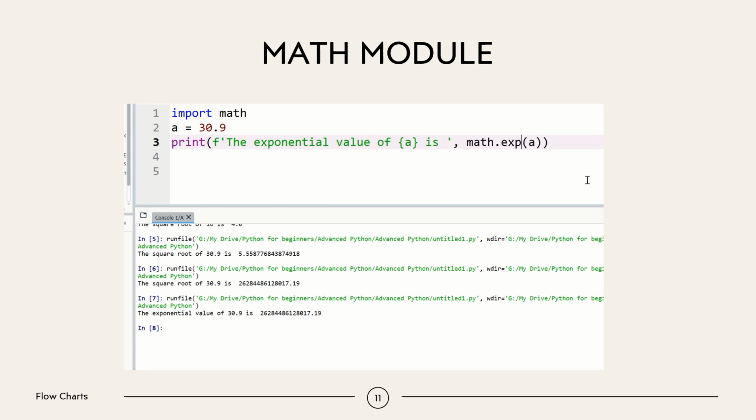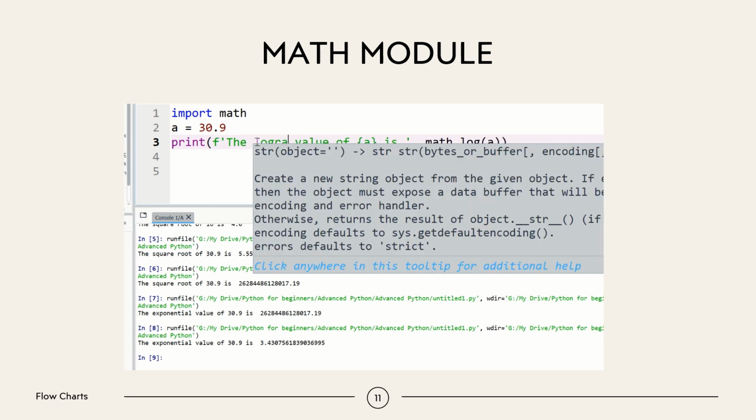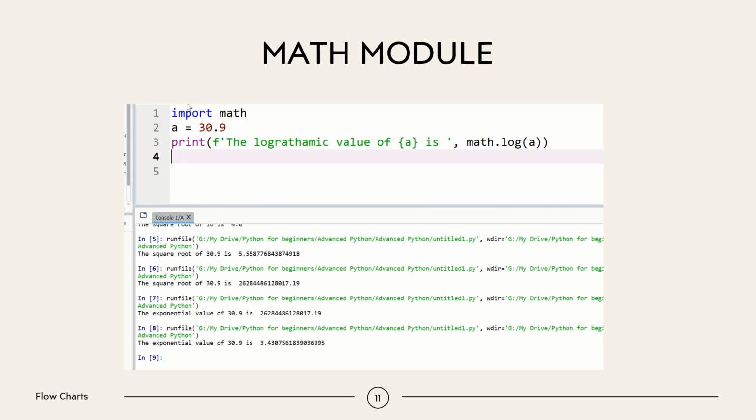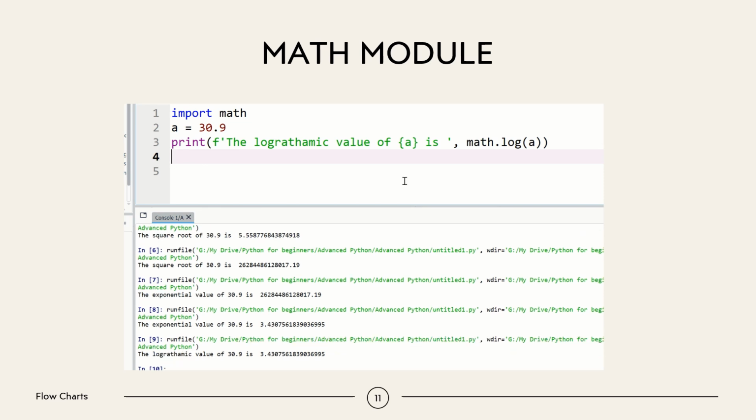If you want to find the logarithm of A, you'll get the logarithmic value of A using math.log(A). This is for exponential and logarithmic. You can do it for trigonometric functions also.